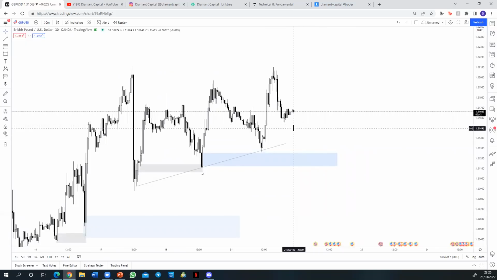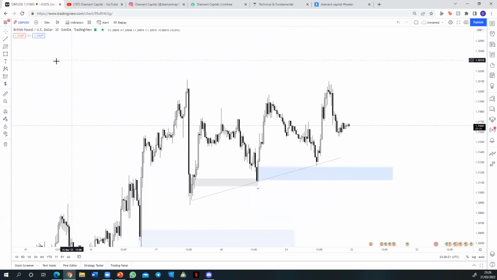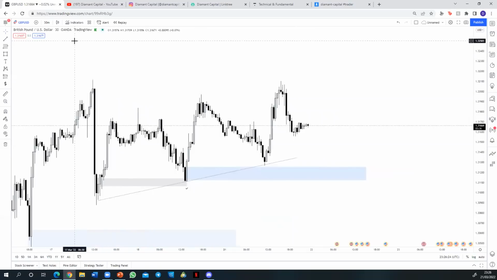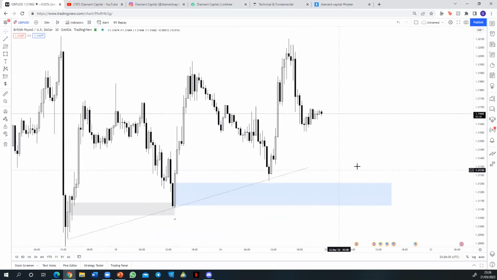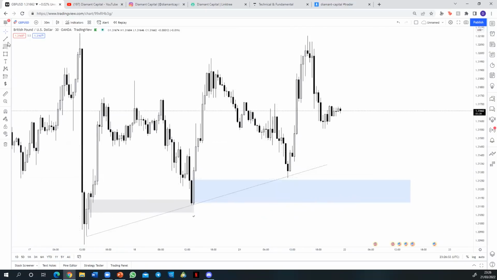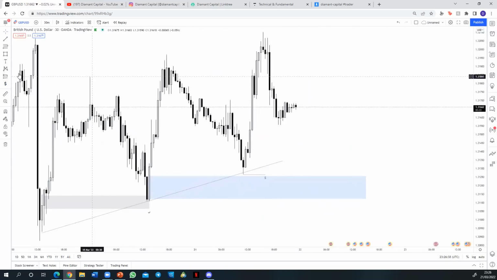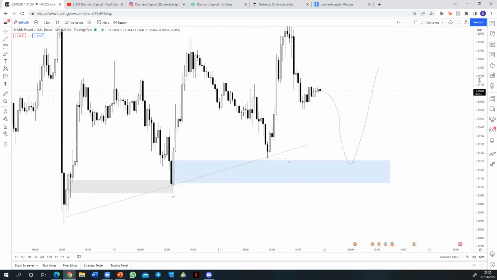Now, just to briefly explain again that sell side liquidity point. What can we see here on the 30-minute even? We have this unmitigated order block right here. However, price didn't even tap into it. So personally, I would even consider this as a sell side liquidity for price to potentially literally just tap into it and then boost up, exactly as we saw in the other example.